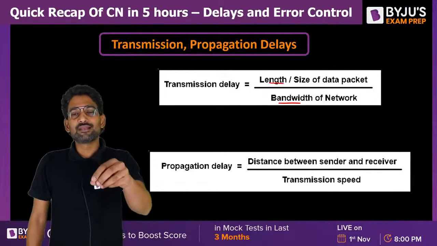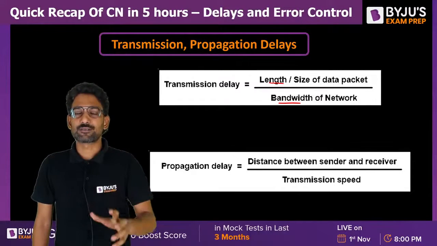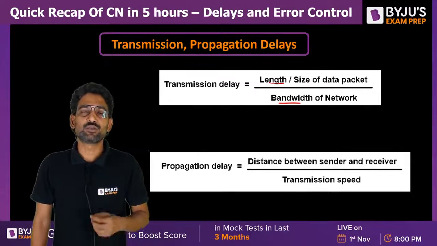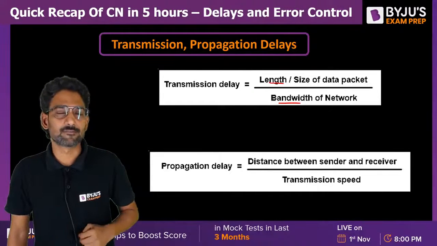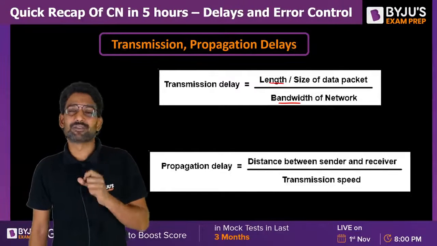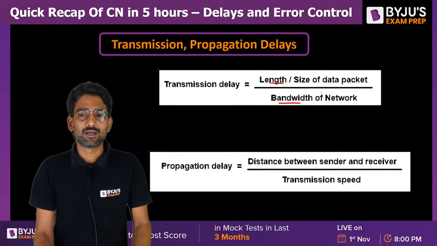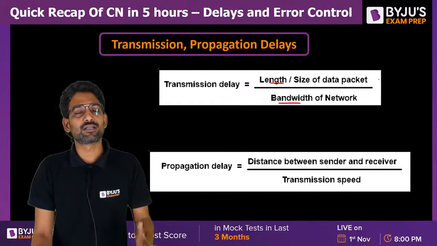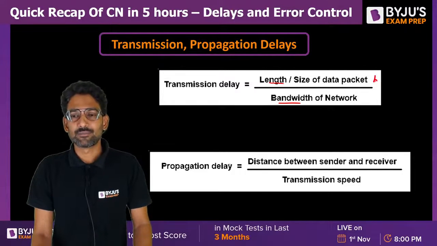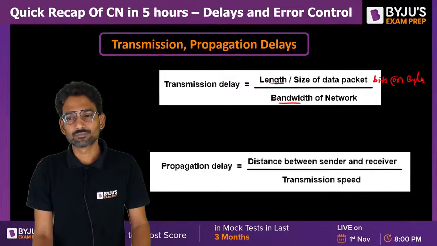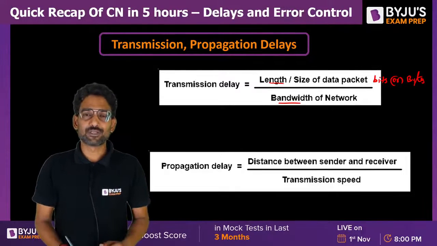Dear friends, when we are calculating the problems on this, many students make silly mistakes in the unit conversions. Very important, dear friends. How we measure length or size of the packet? Maybe in bits or bytes. How the bandwidth is measured?